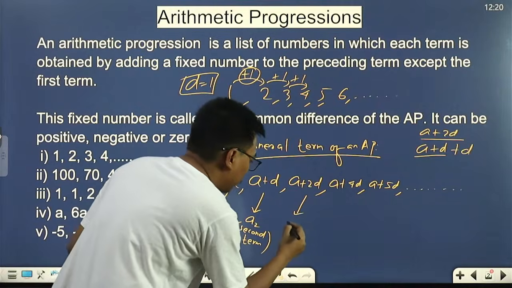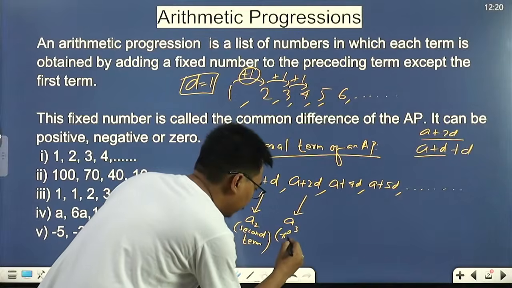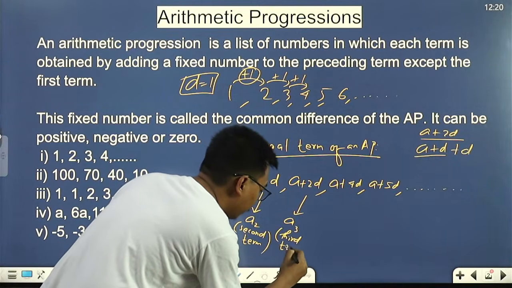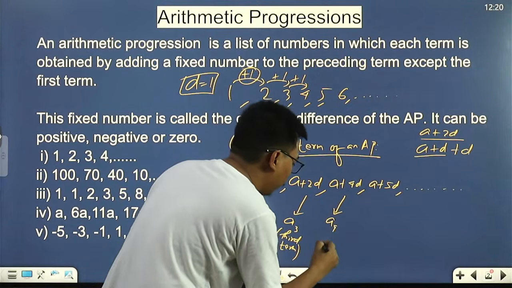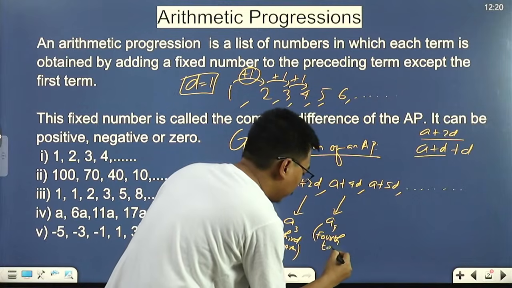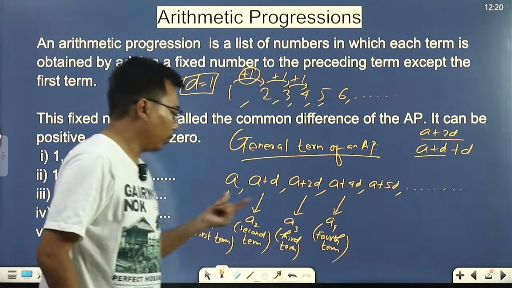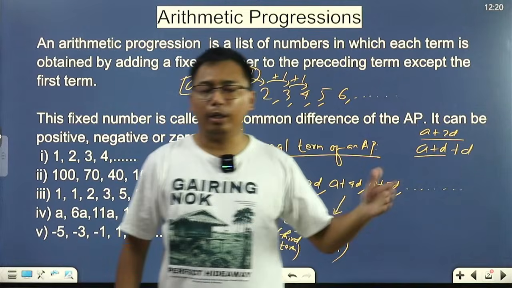This we represent by A3, the third term, and this by A4, the fourth term. So A1, A2, A3, A4, A5, A6, A7, it goes on.